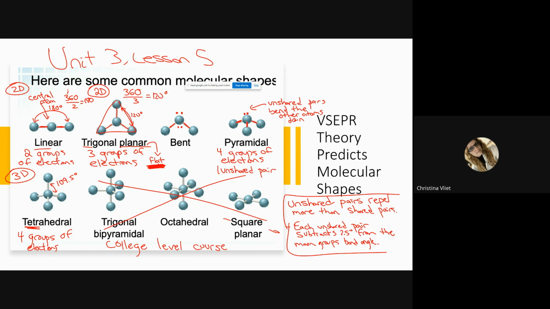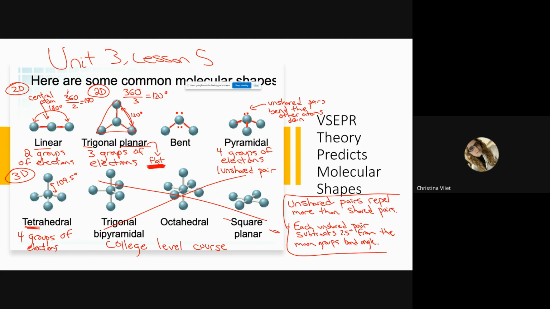Write that on this paper. You should write it, either one. You have to know it though. Or you just have to memorize the bond angles, your choice. So that's important information. Unshared pairs repel more than shared pairs. Each unshared pair subtracts 2.5 degrees from the main group's bond angle.